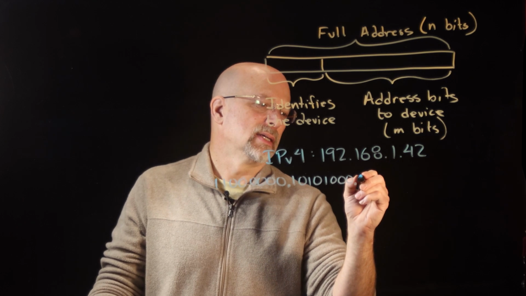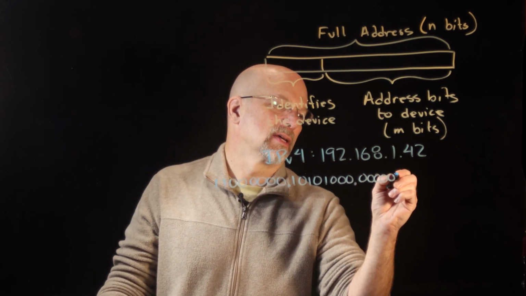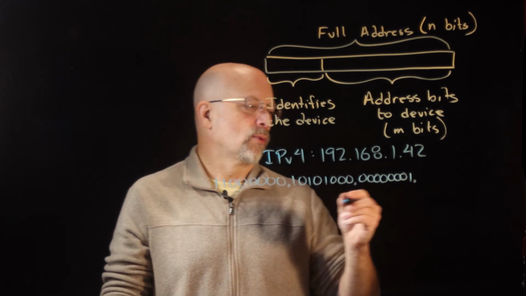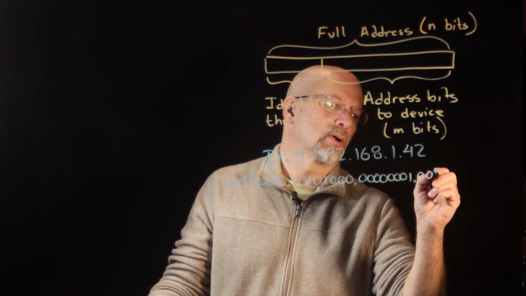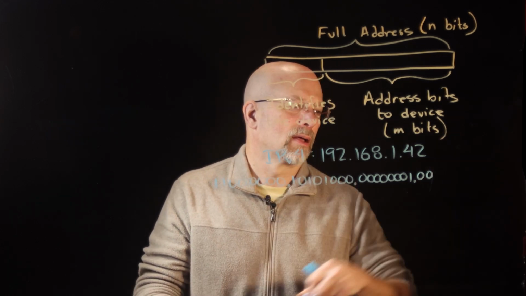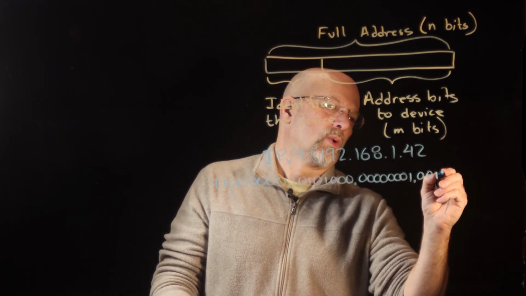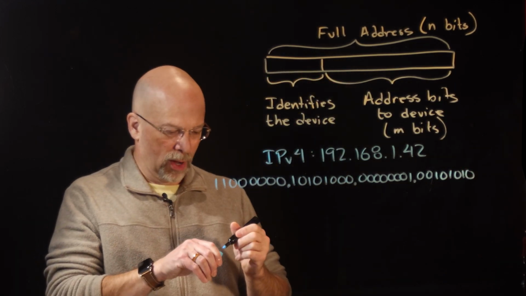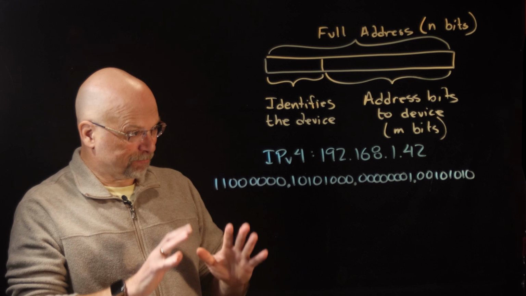And then 1 is basically 7 zeros followed by a 1. And then 42 is 00101010. All right? And so that's the address.